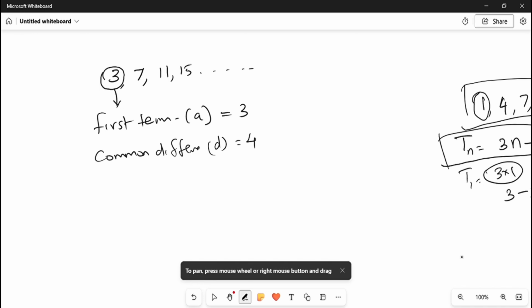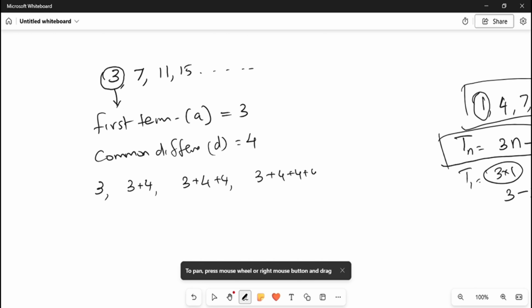Now let's see this number pattern. We can write it again like this. First term is 3. Second term 7 is gained by 3 plus 4. Third term 11 is 3 plus 4 plus 4. Fourth term is 3 plus 4 plus 4 plus 4.